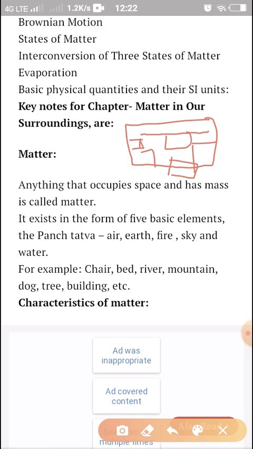Suppose the shop was, let's take, 52 square kilometer, right? You've entered the shop, and suppose 45 square kilometer is covered by the furniture. So what is the remaining? Only 7 square kilometer.